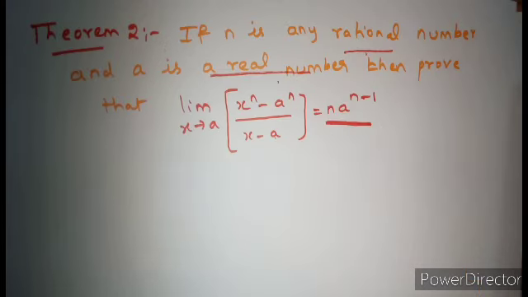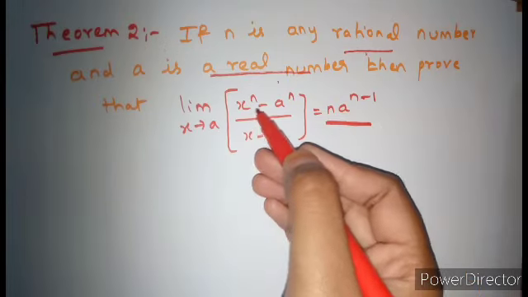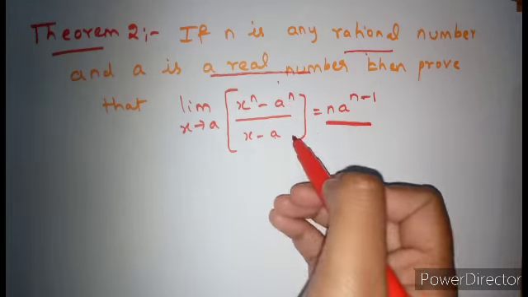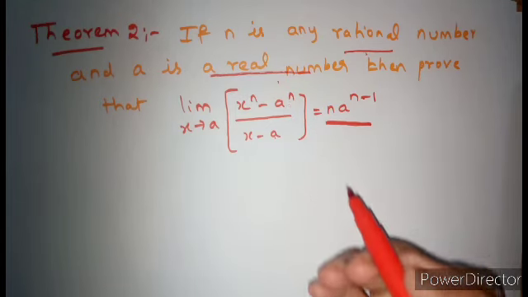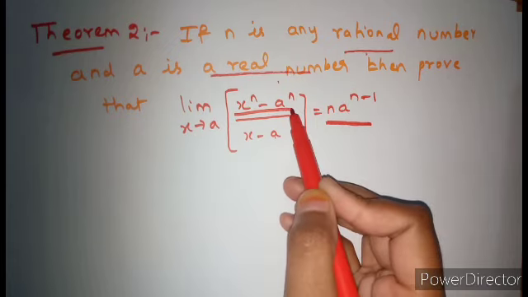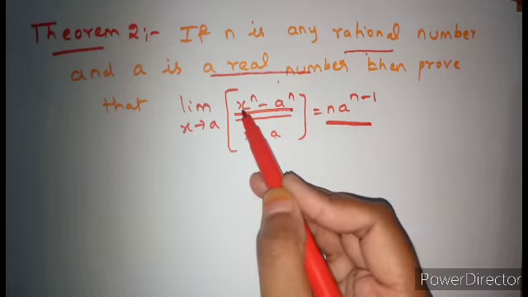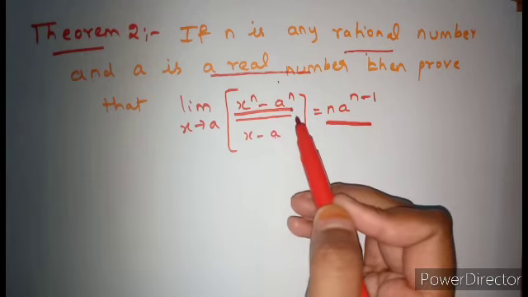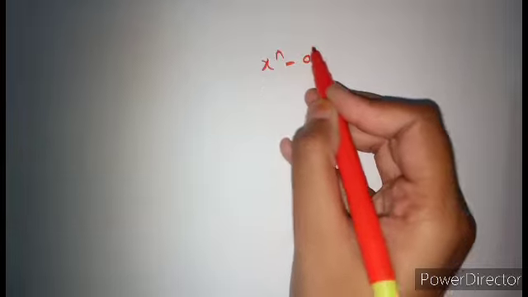Now we have to prove that the limit as x tends to a of (x^n - a^n)/(x - a) is equal to n a^(n-1). First we will consider the numerator. What we have in the numerator is x^n - a^n, right?